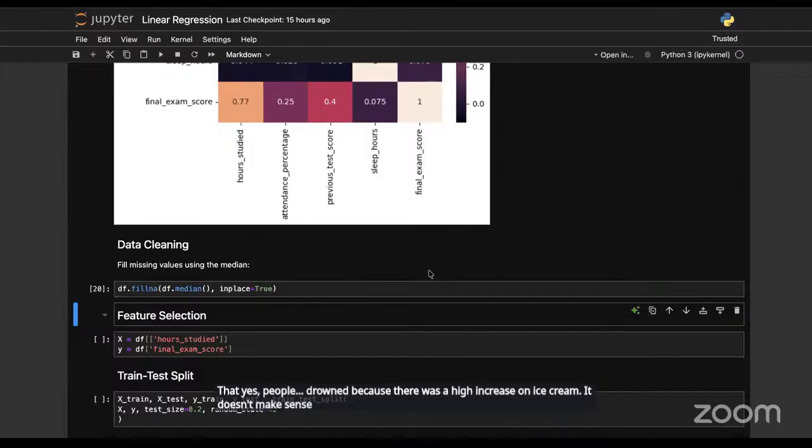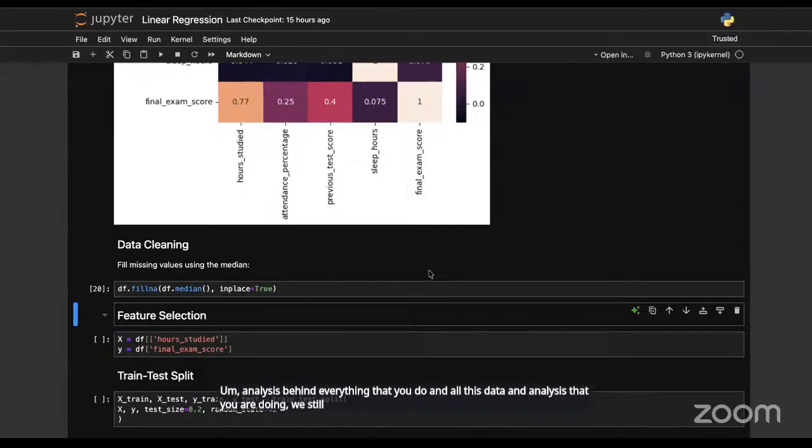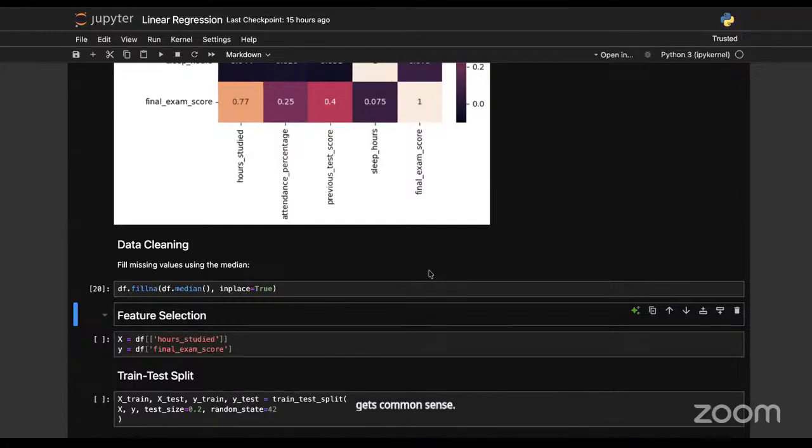That's why there also needs to be a human analysis behind everything that you do and all this data and analysis that you are doing. We still need that common sense, right? To be like, no, obviously there is some other factor affecting it.